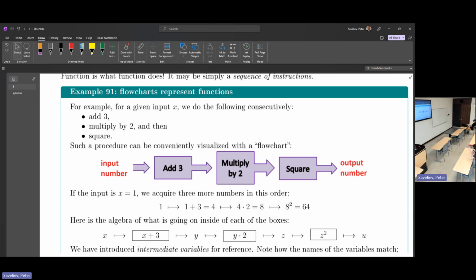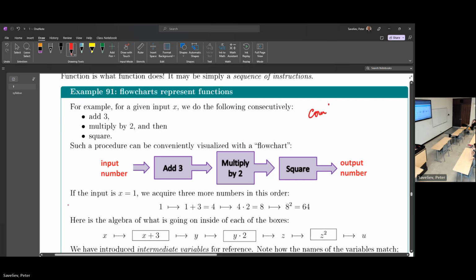Nobody remembers the word. It starts with a C, but not combination.